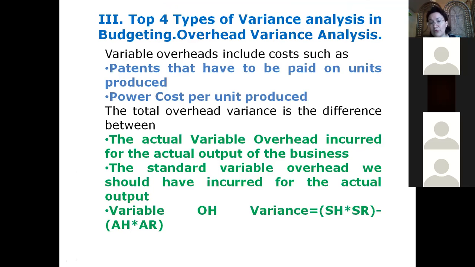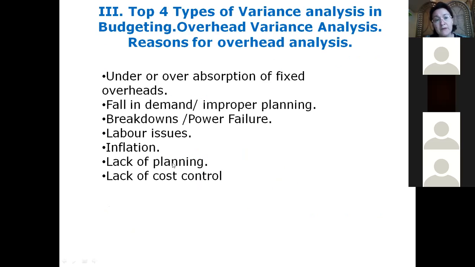Also, we can use the overhead variance analysis, and on my slide you can see the main causes of this overhead variance. The main reasons for overhead variances are, for example, labor use, inflation, lack of planning, lack of cost control.